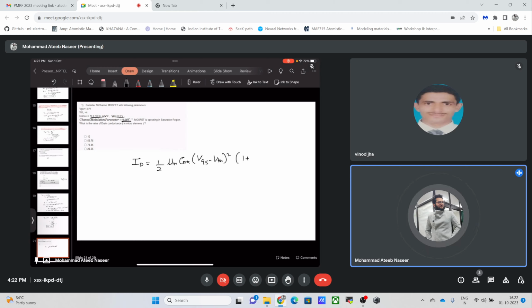Now, in order to bring in the dependency on the drain to source bias, we will be having this thing which is 1 plus lambda VDS, and lambda will be having units of inverse of volt. So this is the equation for the drain current for a MOSFET in saturation with drain bias dependency.